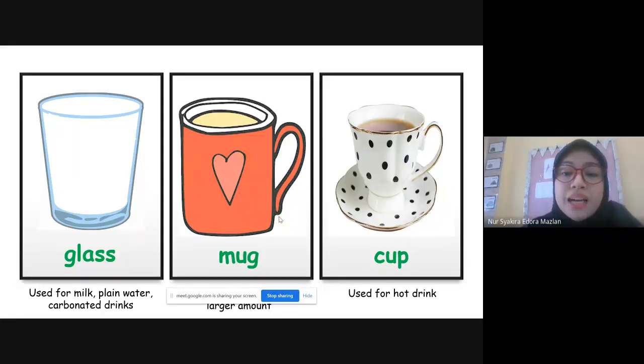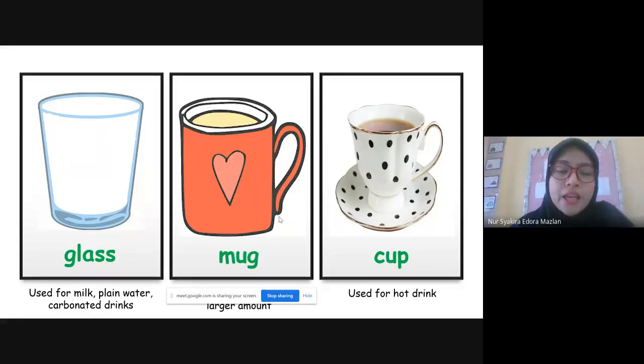But for mug and cup, these two have quite a similar function. But for mug, if you want plenty of water, you might use mug instead of cup. And mug is used for hot or cold drinks. But cup is only suitable for hot drinks.